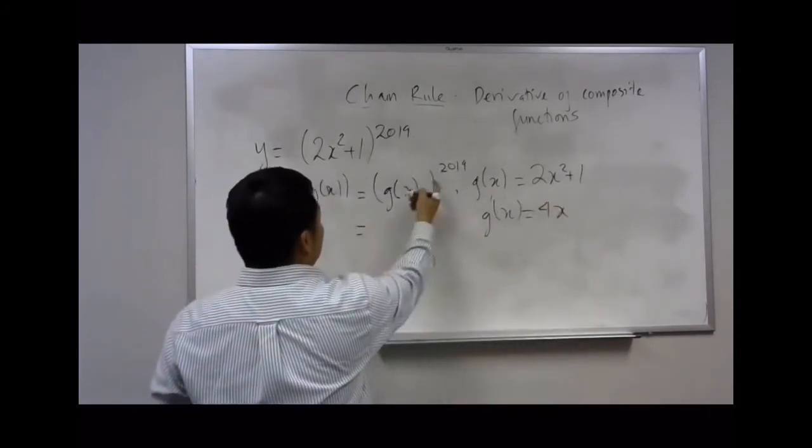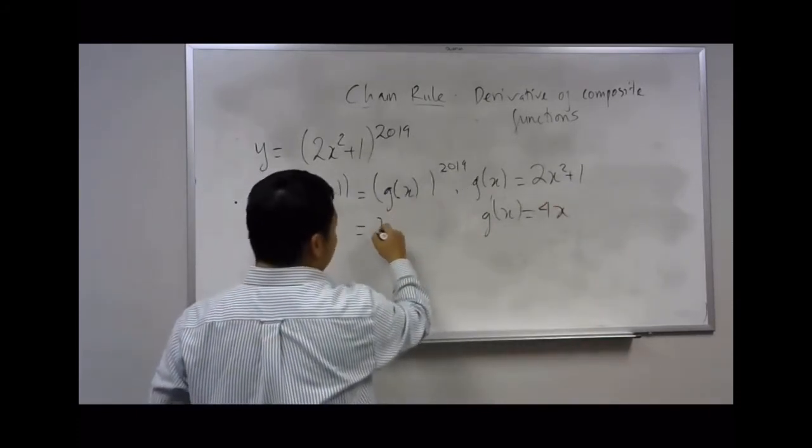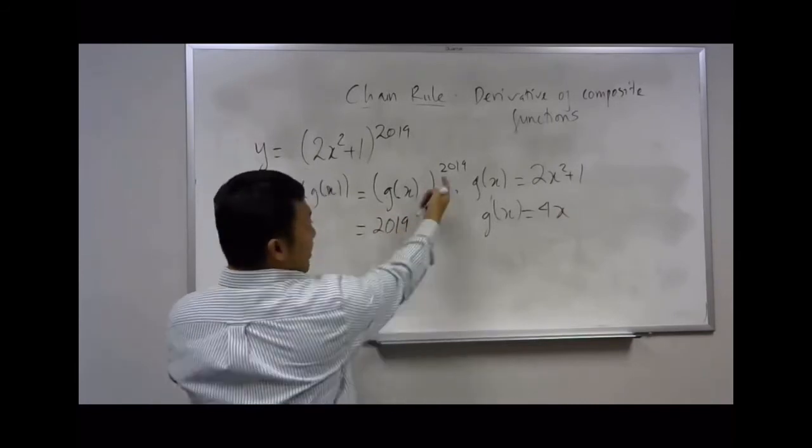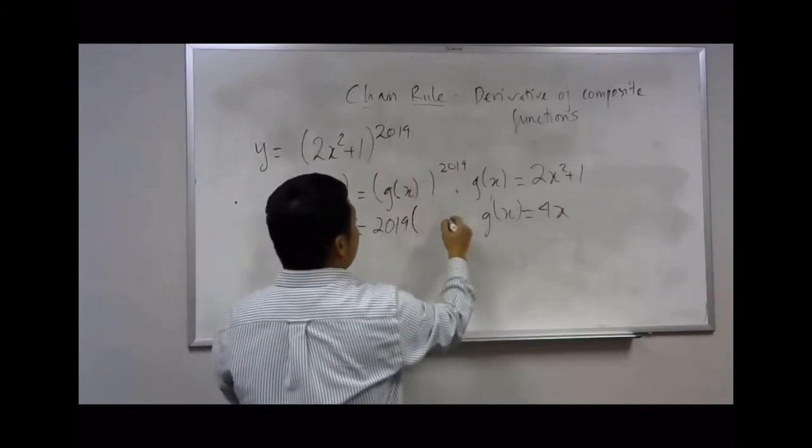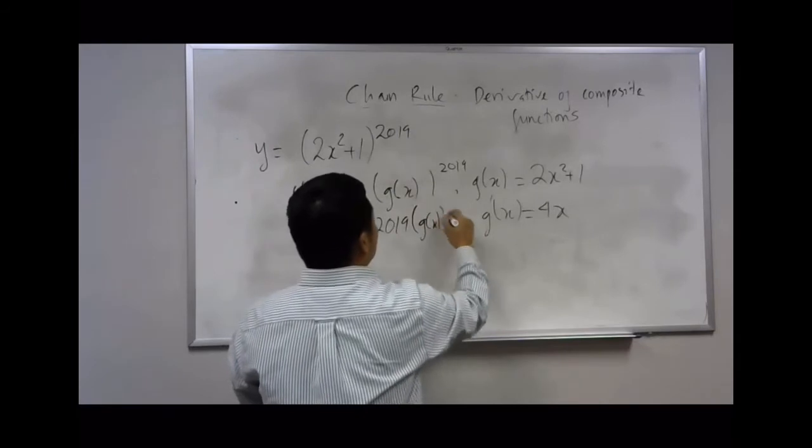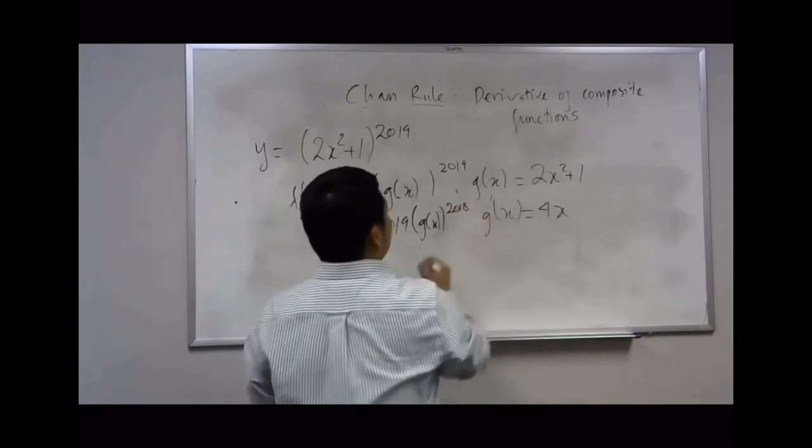And the derivative of this is 2019. We have to bring the power down, and then we reduce the power by 1, right? 2018.